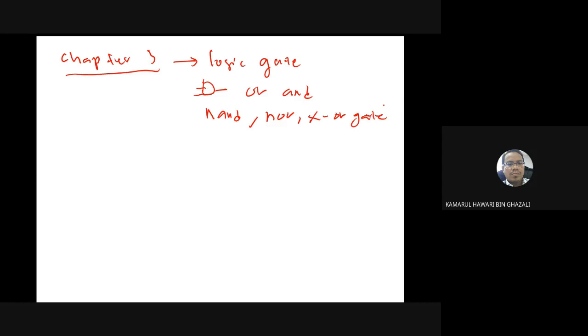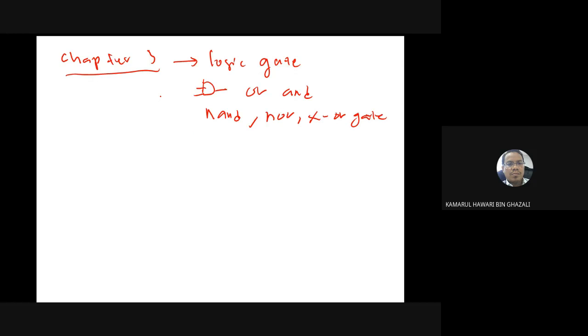Sorry, chapter 3 is supposed to be logic gates, alright? So you have to know all these gates.